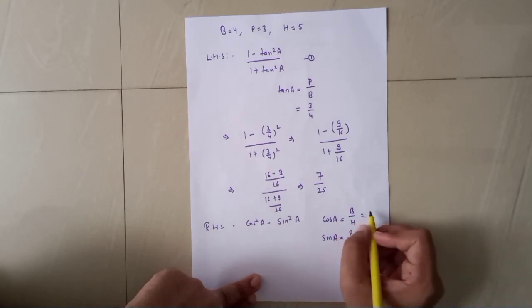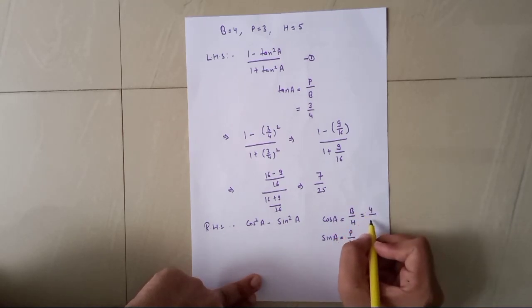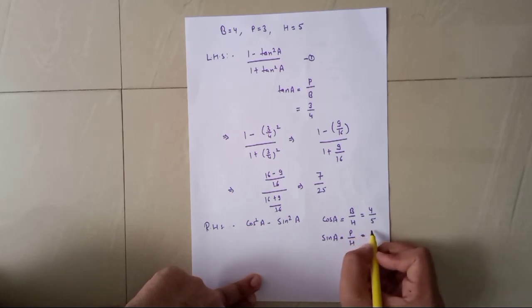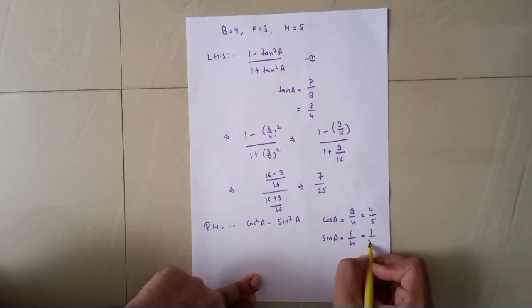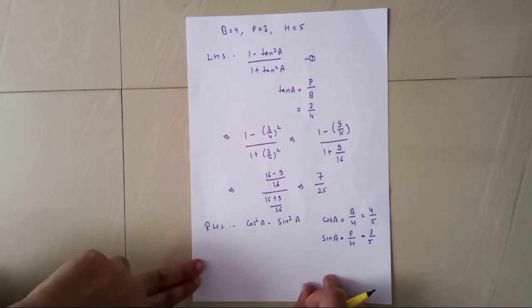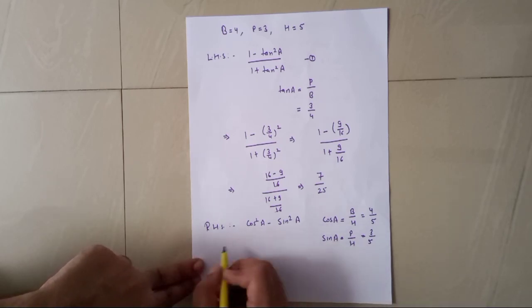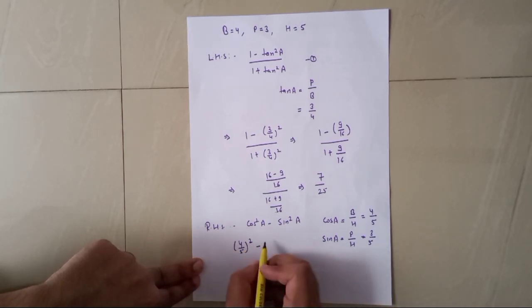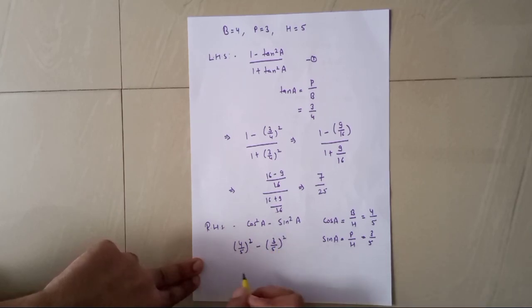So base is 4 and hypotenuse is 5 and the sin a perpendicular is 3 and hypotenuse is 5. So we put the value in the right hand side. So value of cos a 4 upon 5 का होल स्क्वायर माइनस वैल्यू ऑफ साइन ए इक्वल्स टू 3 upon 5 का होल स्क्वायर. सो वी टेक द एलसीएम.